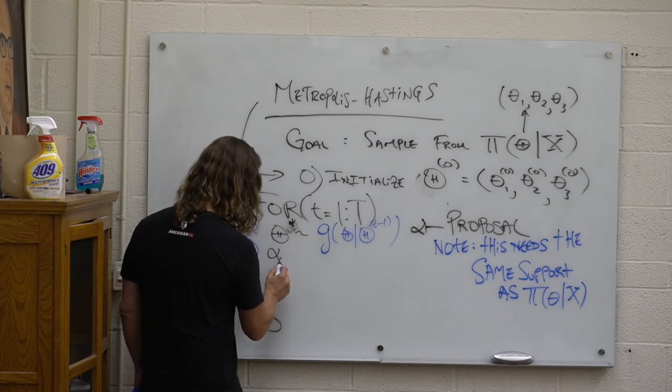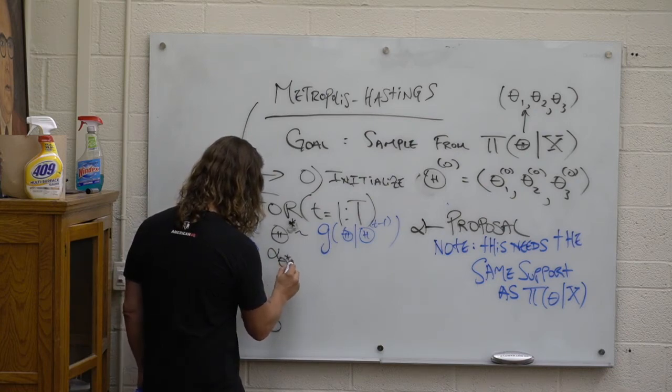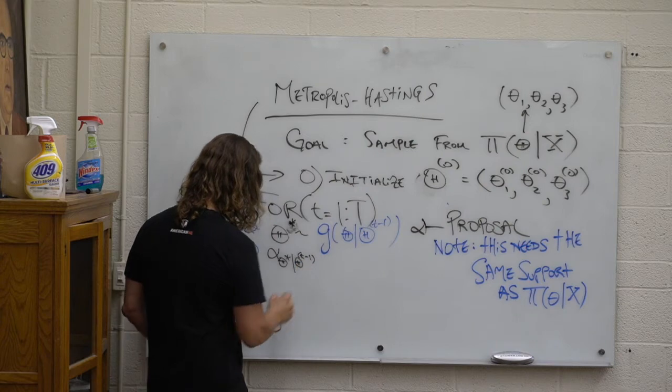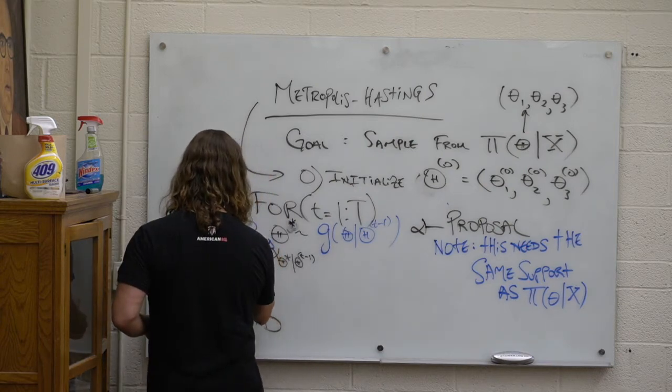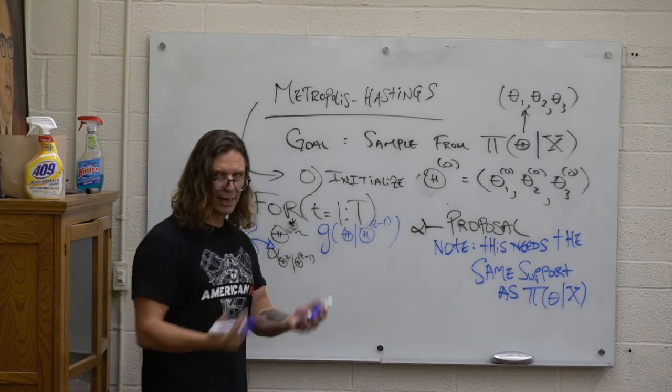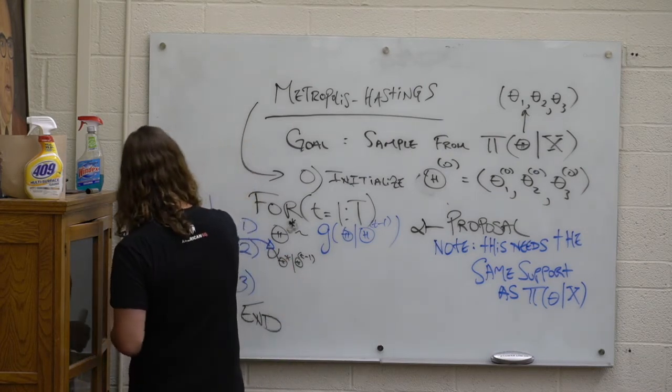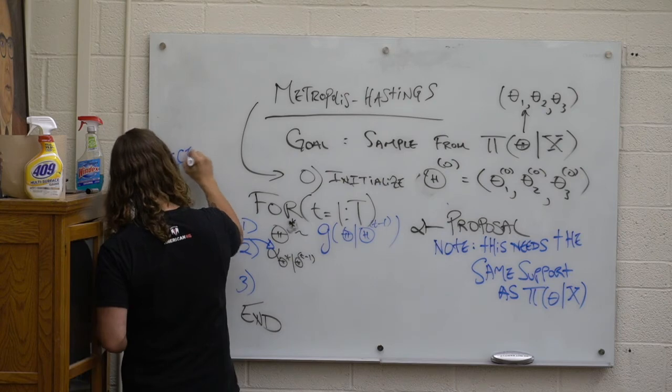This is going to be alpha of theta star given theta t minus 1. And this is going to be an acceptance probability. I'm going to flip a coin in a second and decide where to move to.